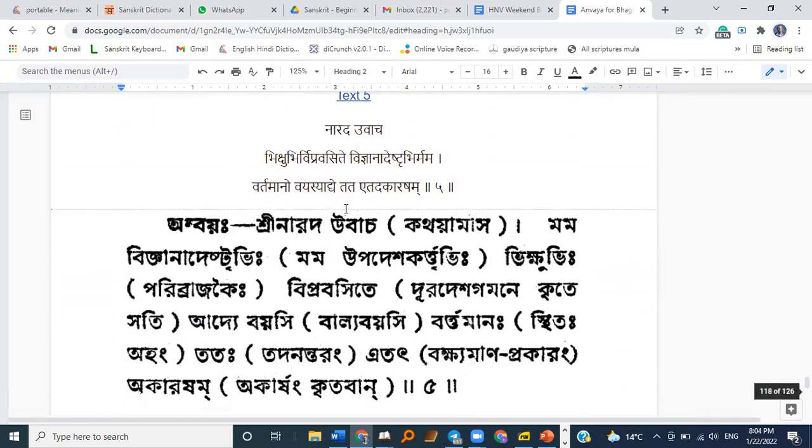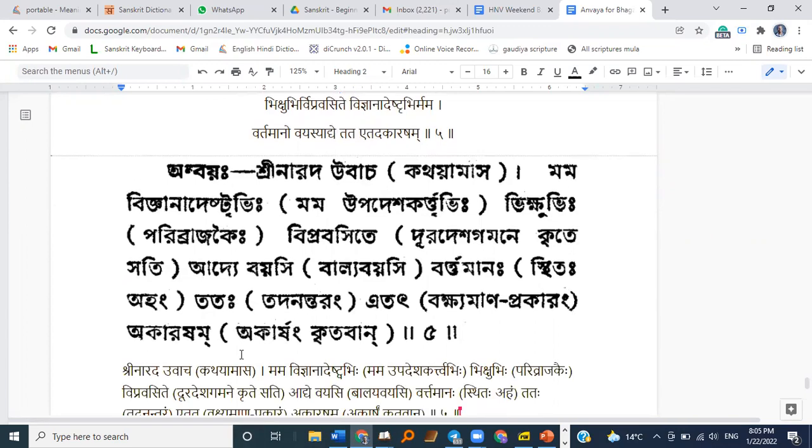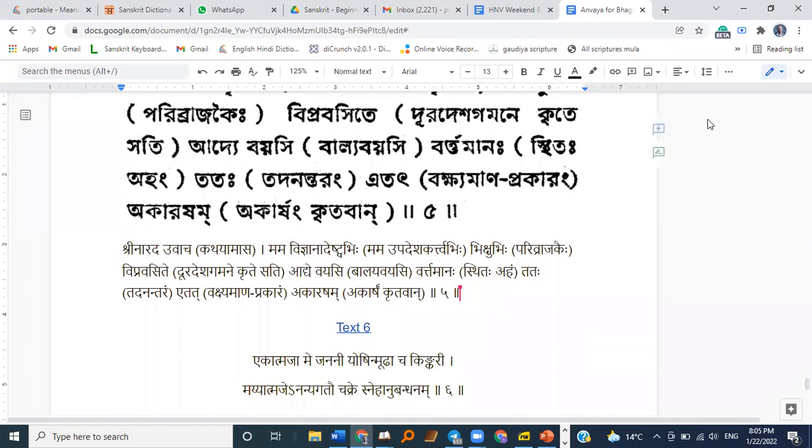So Narada Muni is saying, Narada Uvacha, Bhikshubhir Vipravasite Vijnana Deshtribhir Mama Vartamano Vayasyadde Tata Etadakarasham. Akarasham. So Shri Narada Uvacha.